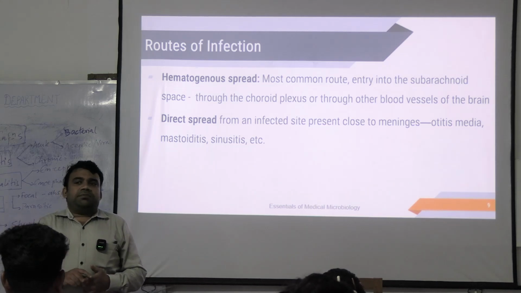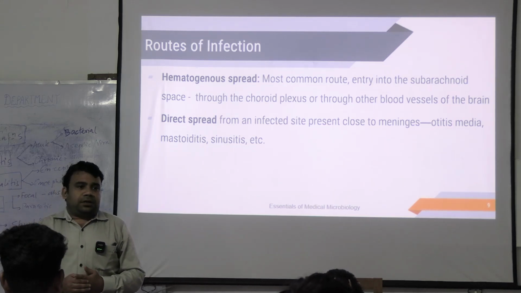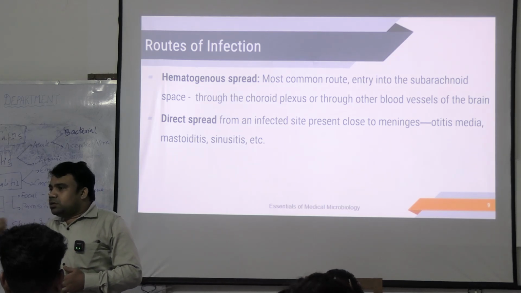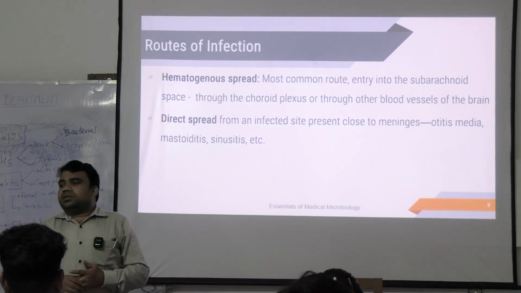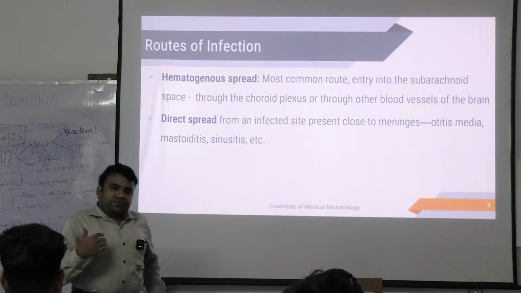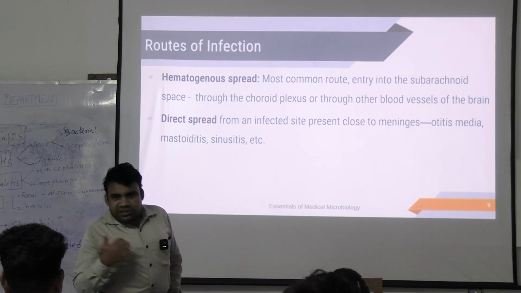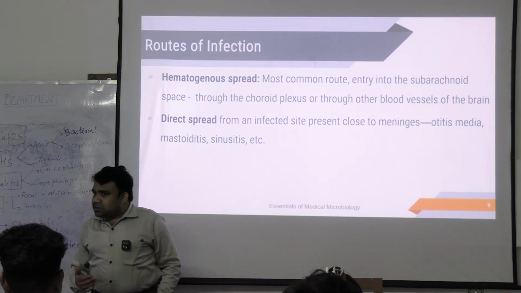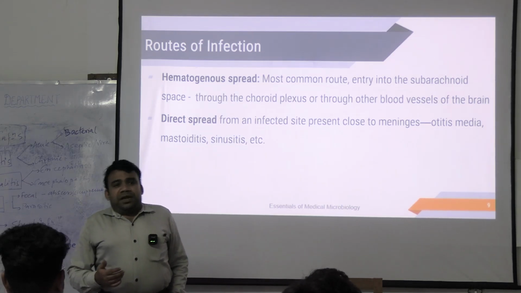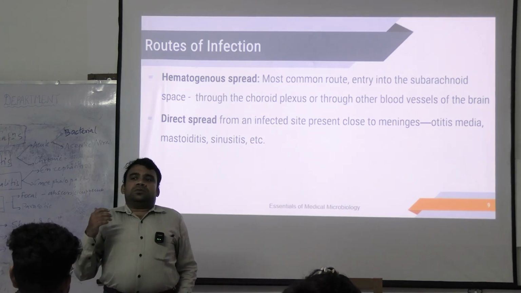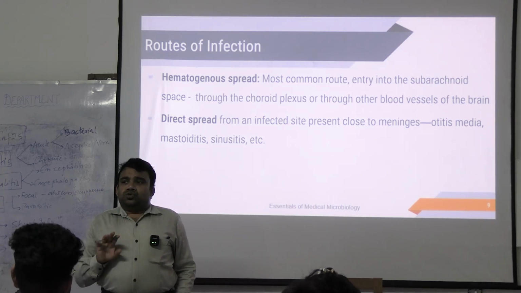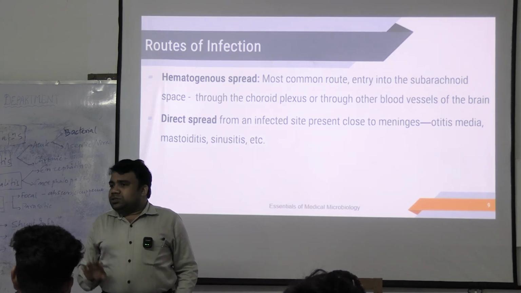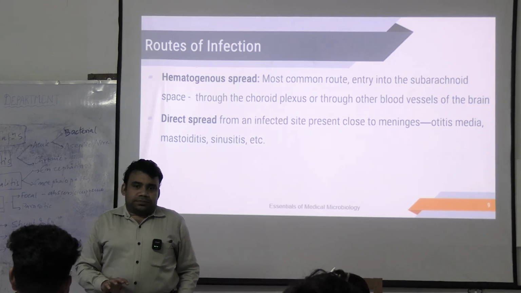If any organism can cross through this barrier, it can gain direct access into the cerebrospinal space, reproduce within this space, and cause inflammation of the meninges, causing meningitis. Many organisms can cause meningitis through this route. Hence, this is the most common route by which meningitis is caused.